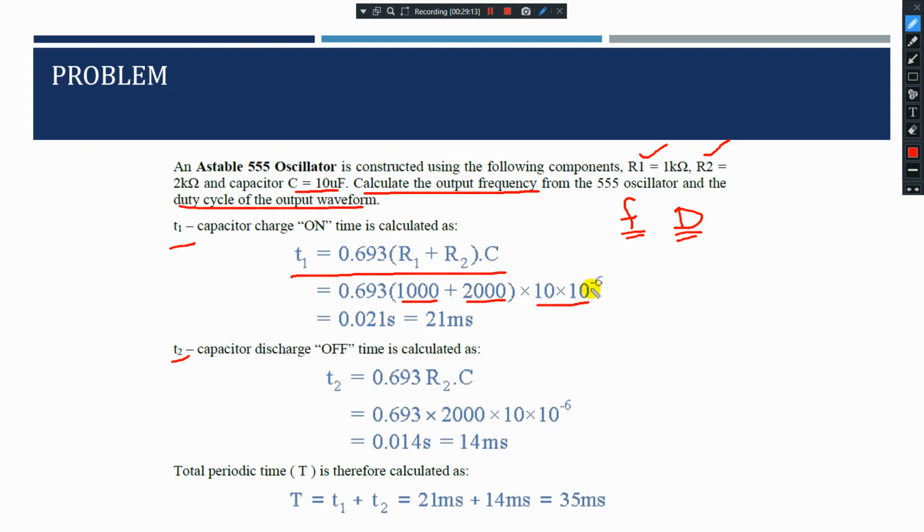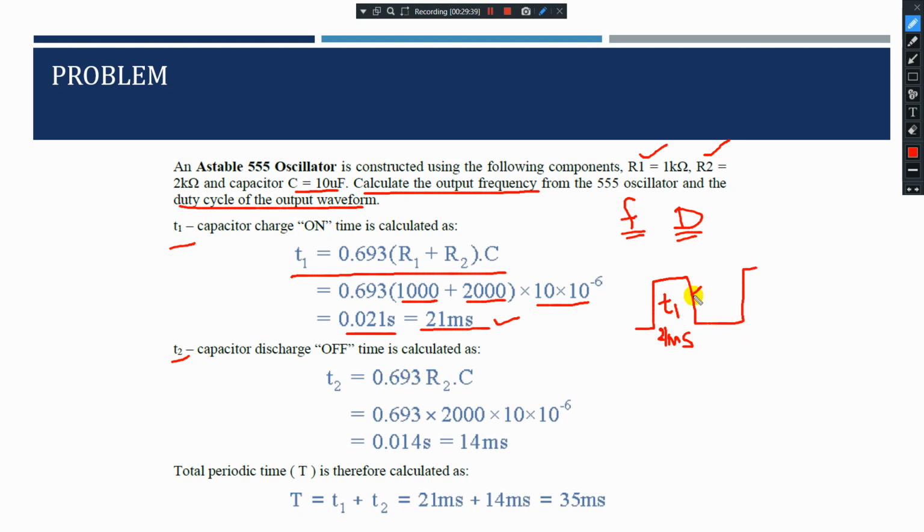Micro means 10 to the power of minus 6. If you calculate this, you'll get 0.021 second, nothing but 21 milliseconds. So that is your T1, the on time. On time is 21 milliseconds.